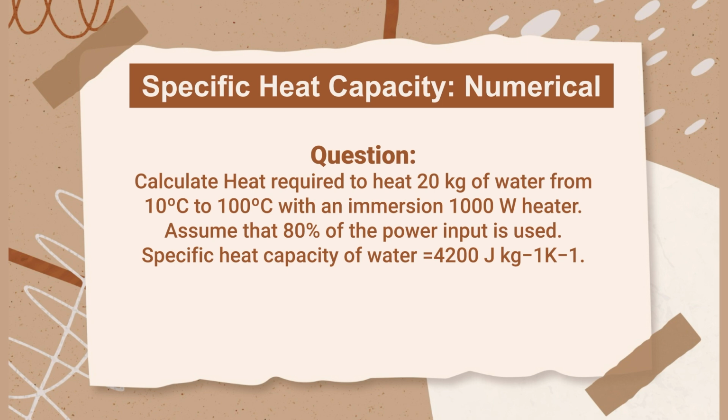You want to find out how much heat is required for this. Remember, specific heat capacity of water is 4200 joules per kg per Kelvin, or 1 calorie per gram per Kelvin. So this is in joules now we are talking.